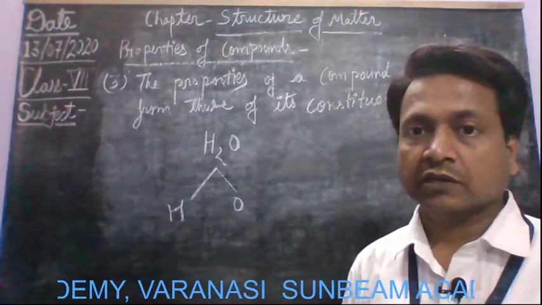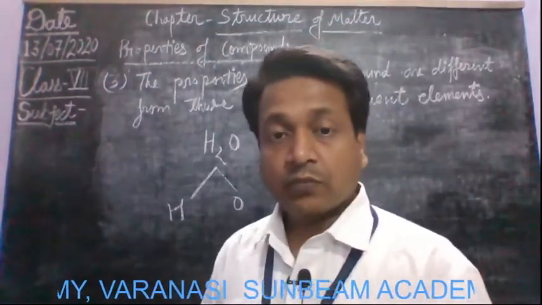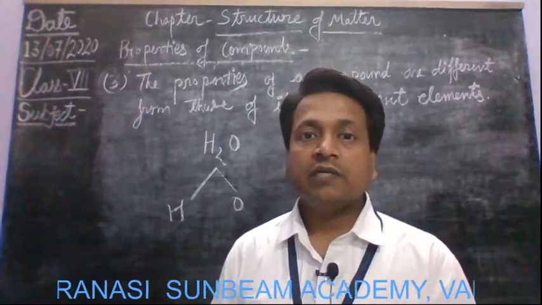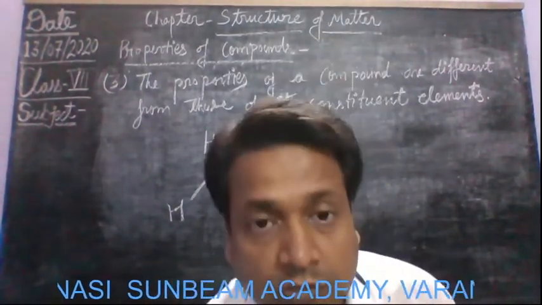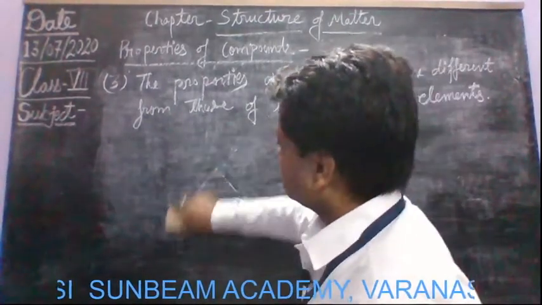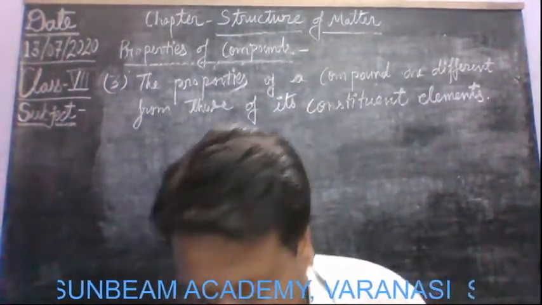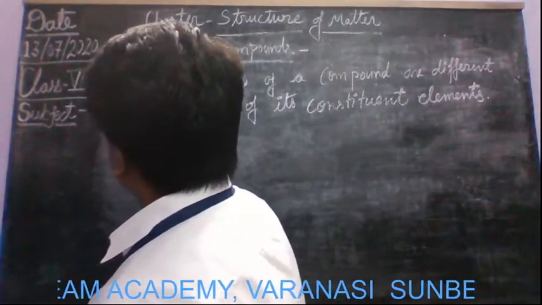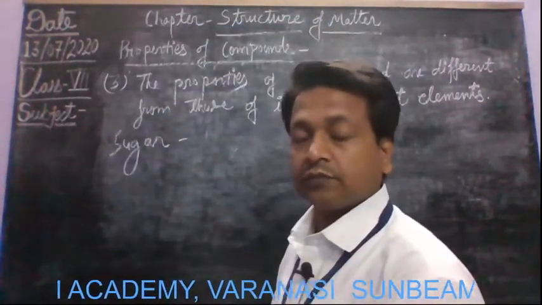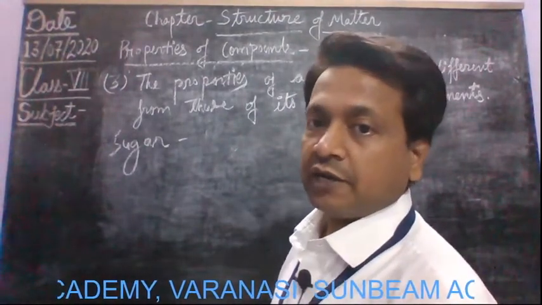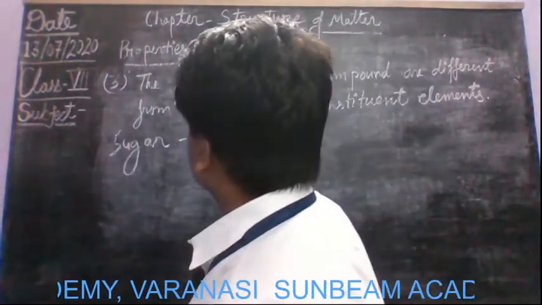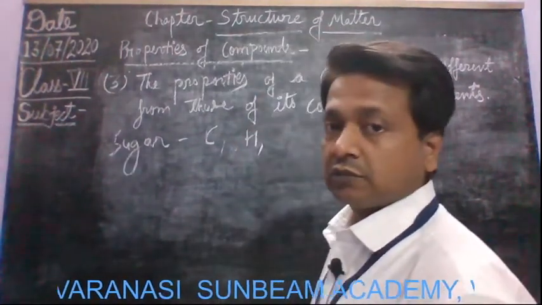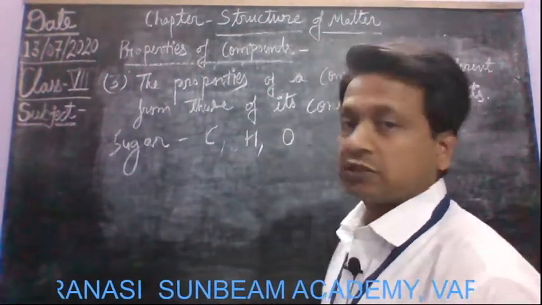Now in the book you have some more examples about the properties of compound. So just see those examples. Sugar. It is made up of three different elements, that is carbon, hydrogen and oxygen.